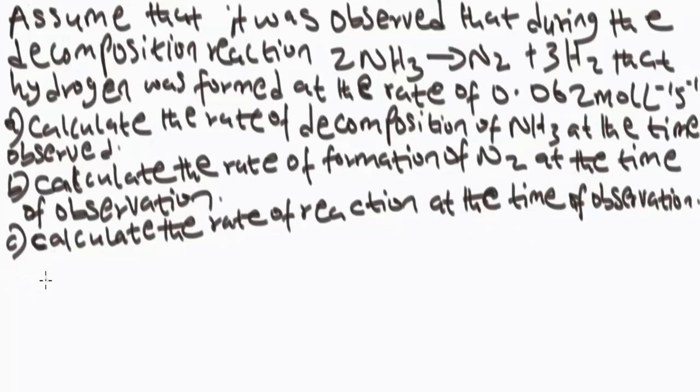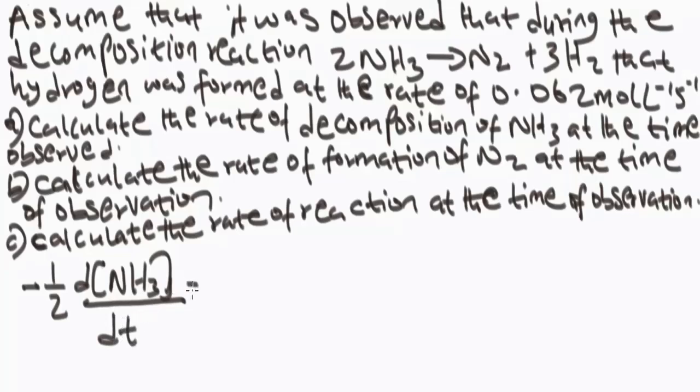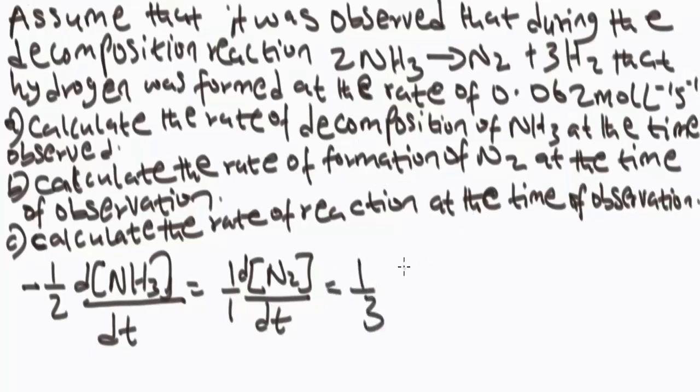Remember the general formula is going to be minus 1 over 2, this 2 is the stoichiometric coefficient of ammonia, times change in ammonia over change in time, equals that of nitrogen, change in nitrogen over change in time, equals 1 over 3 of change in hydrogen over change in time.